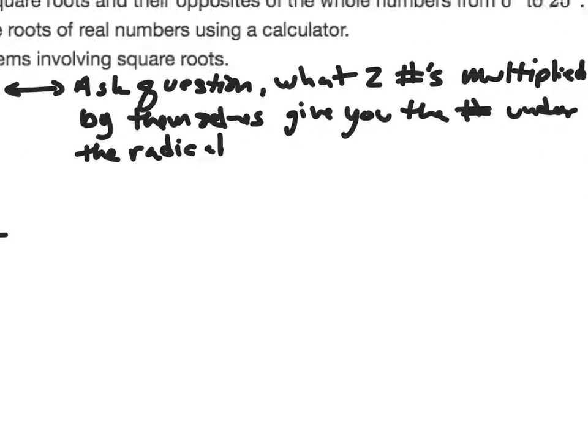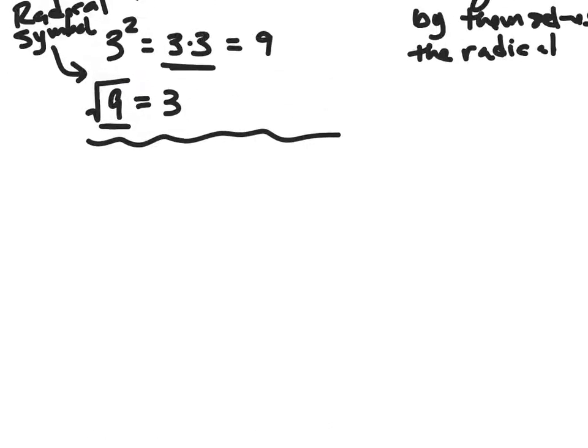So what I want to do is go through all of the square roots. If I take 0 squared, that means I'm taking 0 times 0, which gives me 0.